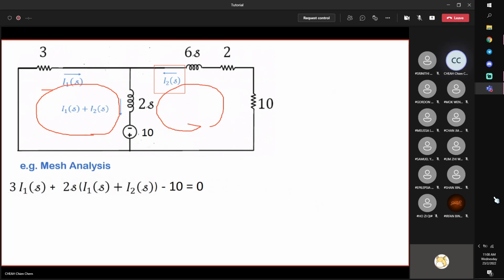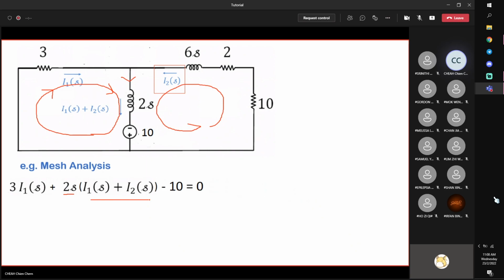So let's start with mesh 1. Mesh 1 is on the left. Here you have 3 I1 S, then this impedance, so you have 2S multiplied by the current flowing through this branch. Be careful, it is I1 plus I2.